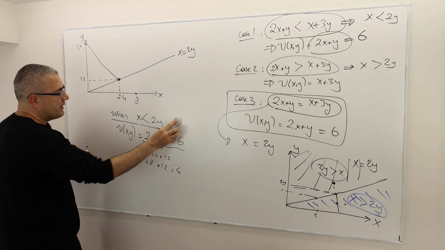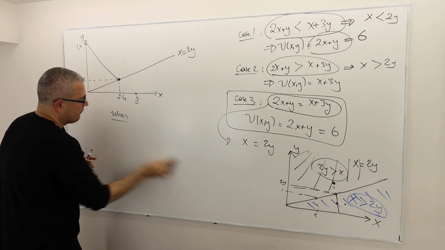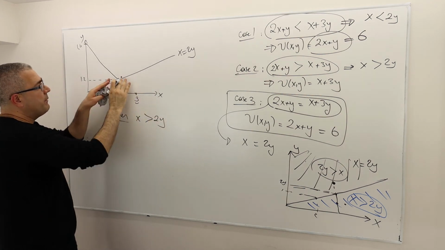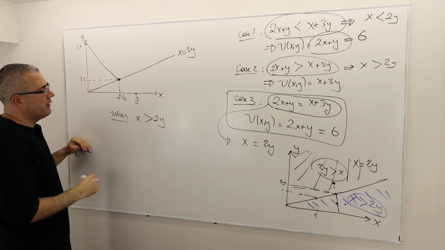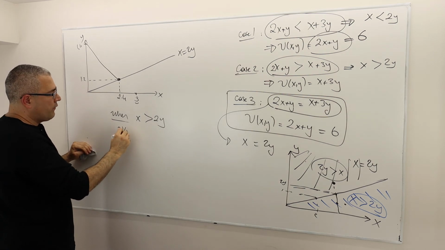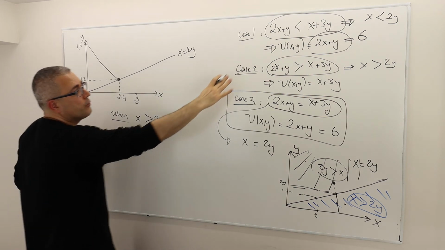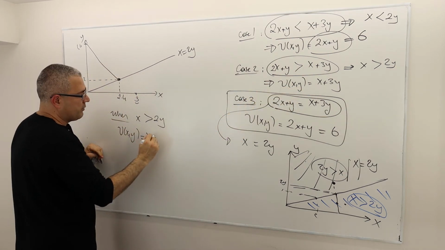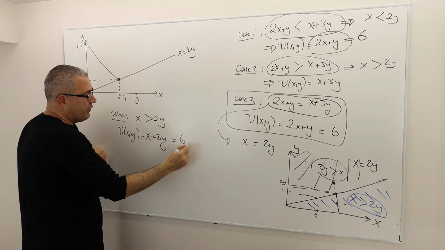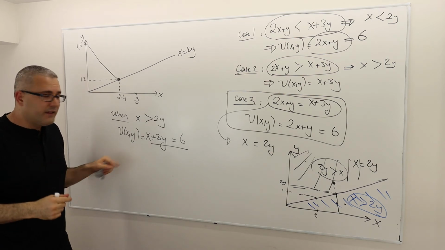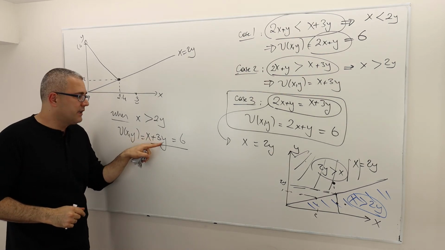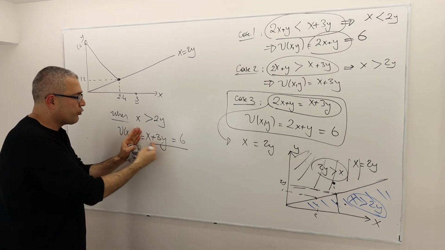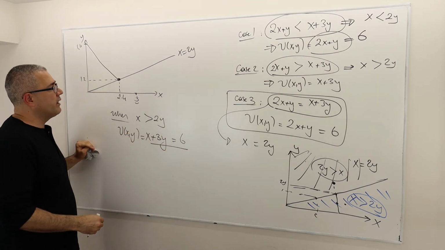And then the final part of my indifference curve is when x is greater than 2y. I mean, we are now below the straight line. In this case, we know the utility function is equal to x plus 3y. And so I need to find all the points, x and y, which are going to give the utility 6, which means drawing this straight line, x plus 3y equals 6.